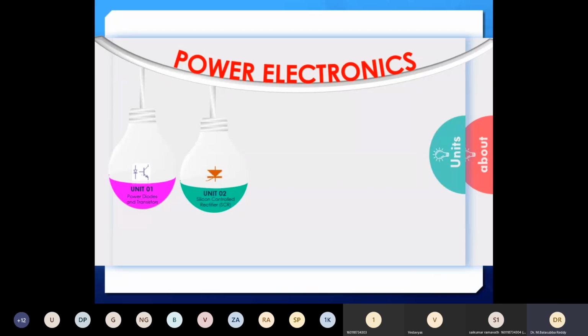Using that SCR we are able to build that device. Second unit, silicon controlled rectifiers: static characteristics, dynamic characteristics, series operation and parallel operation of SCR, many protection devices, all the things come across in this unit.